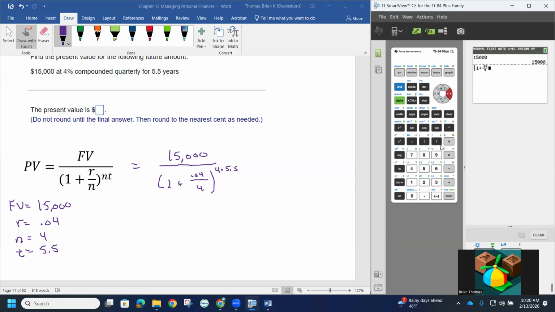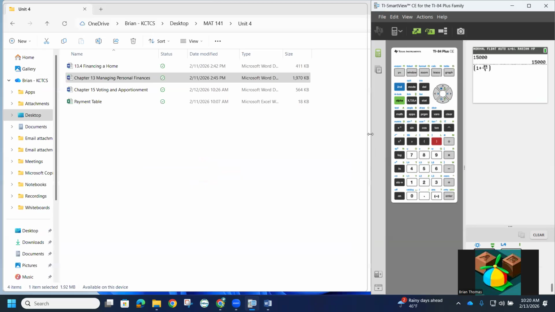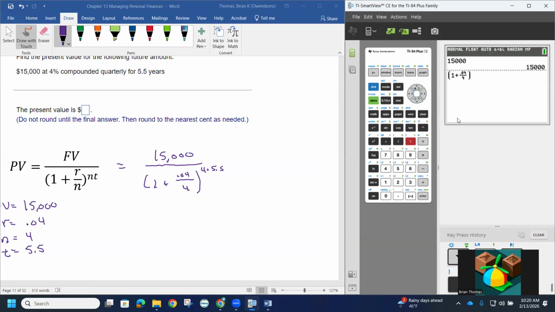Come out of there, close parentheses, and raise that to 4 times 5.5. So it gives me that on the bottom.